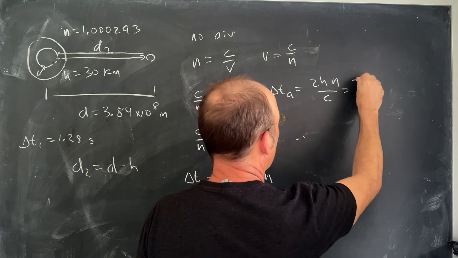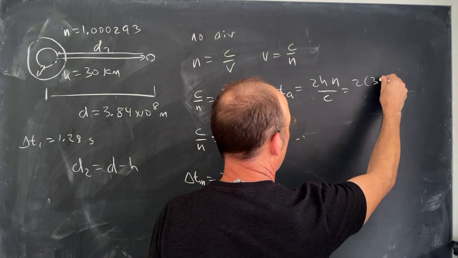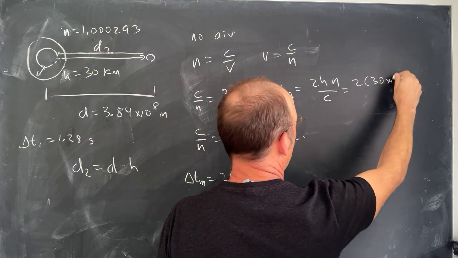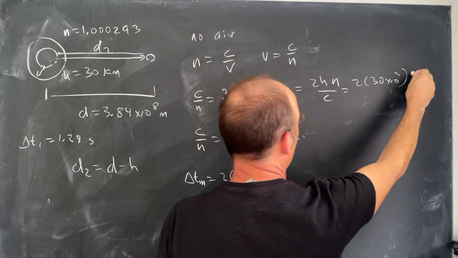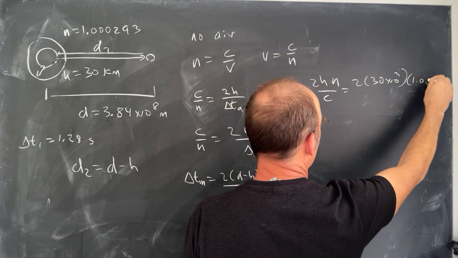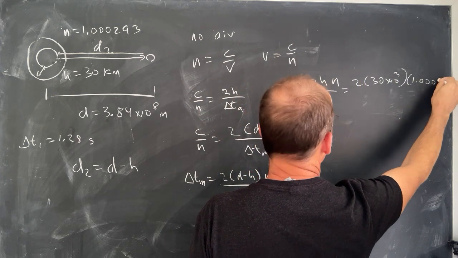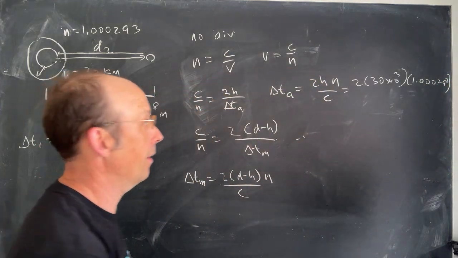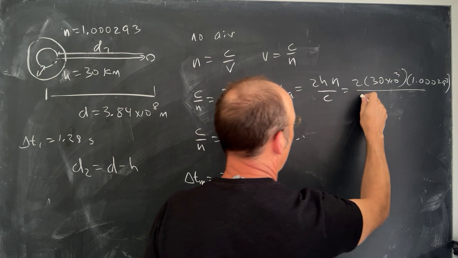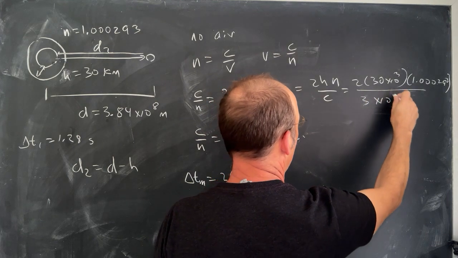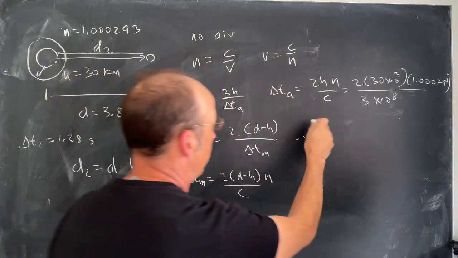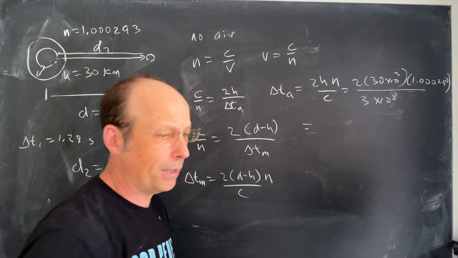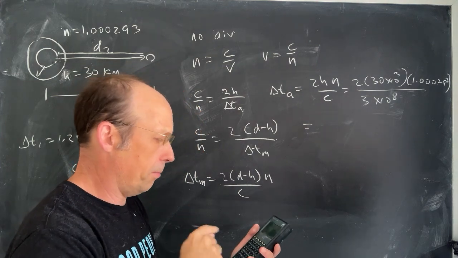Okay, so this is going to be equal to 2 times 30 kilometers, which is 30 times 10 to the third, times n, which is 1.000293. I fit it in there. Okay, good job. Divided by 3 times 10 to the 8th. Let's just get that as a number. This may not be the best way to do it, but you don't have to do it the best way.